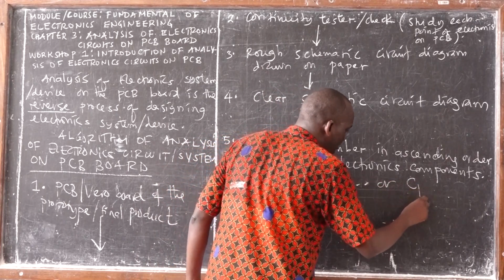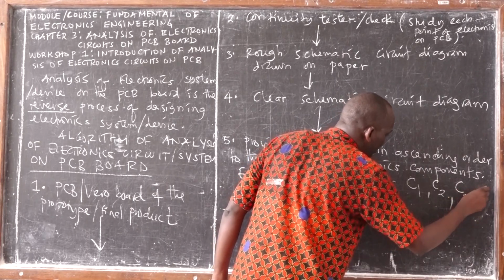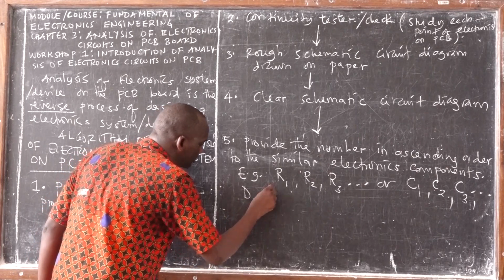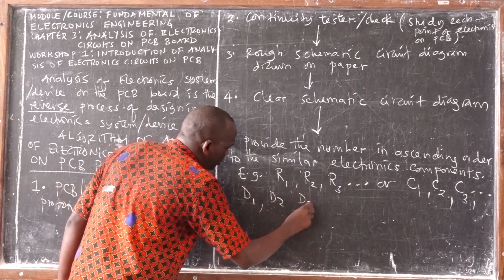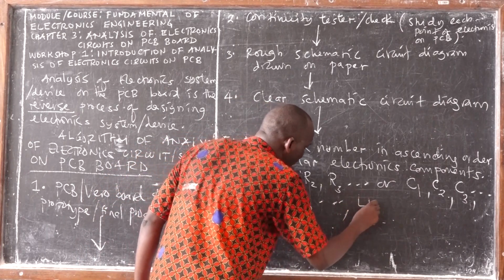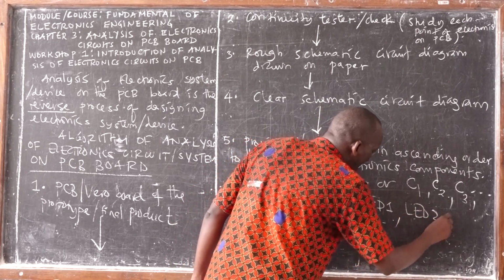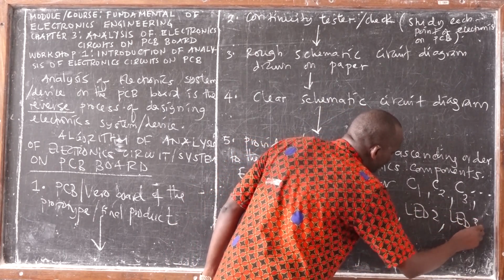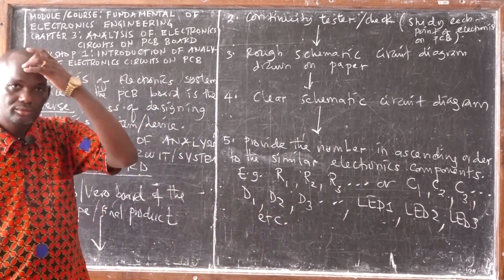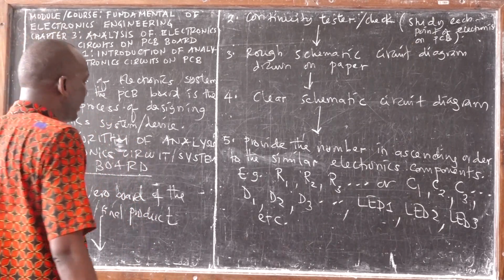In case of capacitor, we can have capacitor 1, capacitor 2, capacitor 3, etc. If it's the matter of the diode, you can have diode 1, diode 2, diode 3, etc. If we have LED, we can have LED 1, LED 2, LED 3, etc. Are we together? Yes.